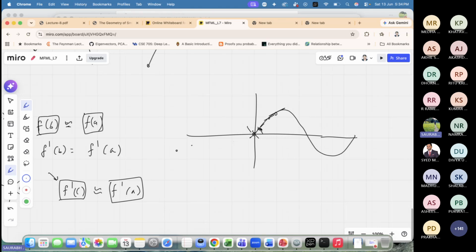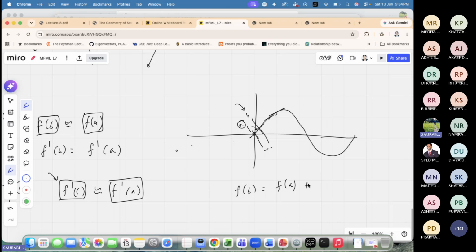The slope between these 2 points is almost the same. So if you are trying to approximate the function's value at B, this is A, this is B, and you know the function value at A, you can simply write the function's value at B equals the function's value at A. But there should be some slope change which might be happening.